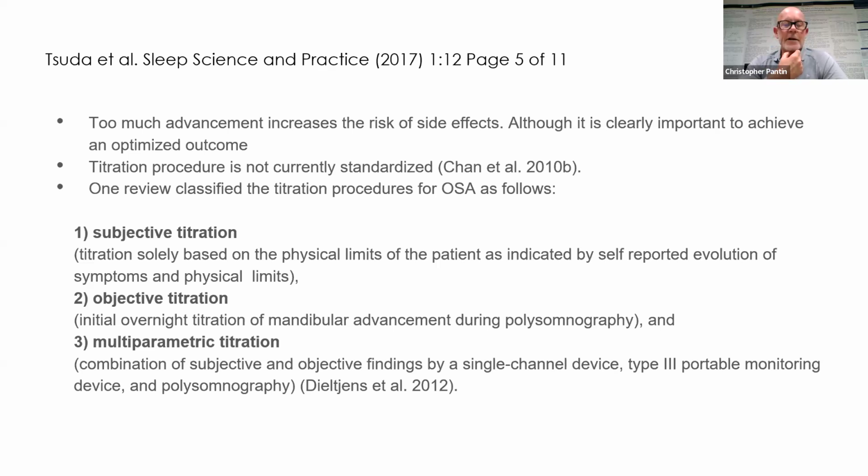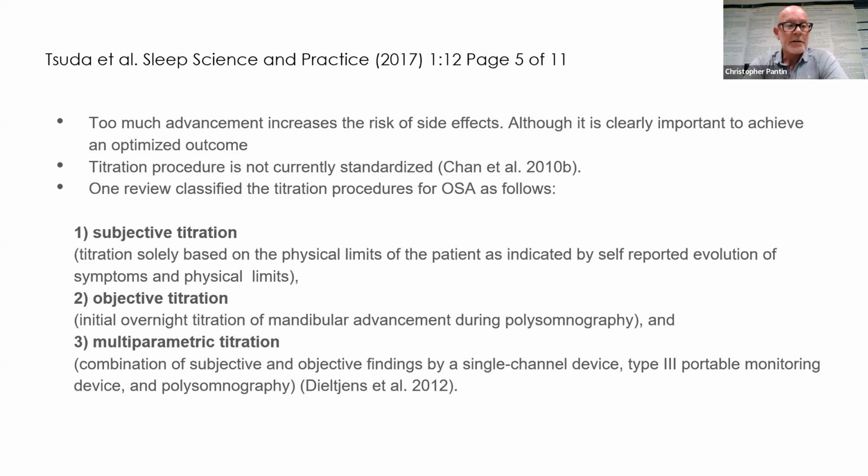One review classified the titration procedures for OSA as following, and this is actually a very good way to do it. So basically, we're looking at subjective titration, purely based on the physical limits of the patient and indicated by self-reported evolution of symptoms and cyclical. That's not physical limits, that's cyclical limits.